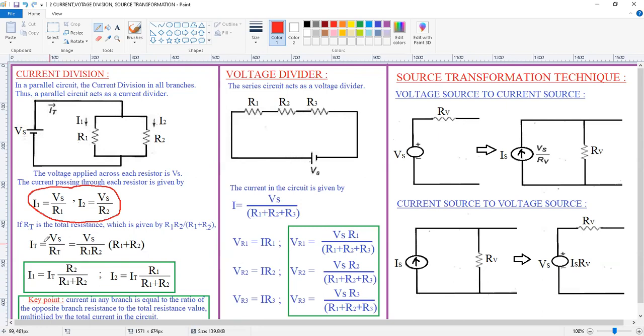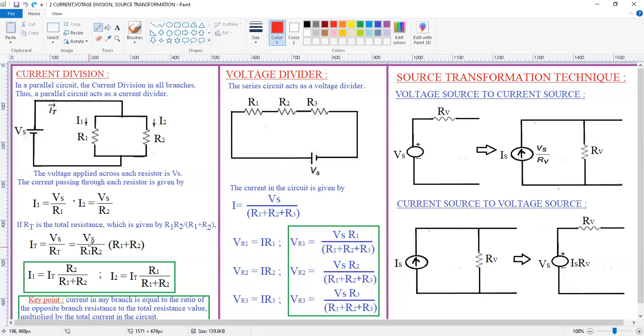Okay. Now I want to determine the total current. Now total current is equal to total voltage by total resistance. Now Vs is the total voltage. Then what is the total resistance? So here these two are connected in parallel. Now it will become R1 R2 by R1 plus R2. Okay.